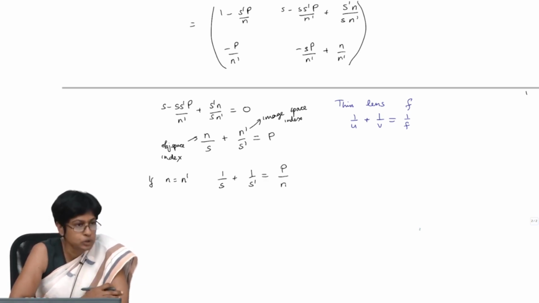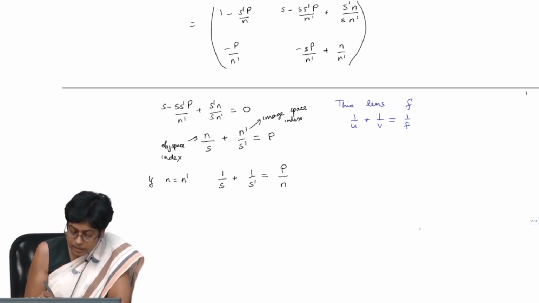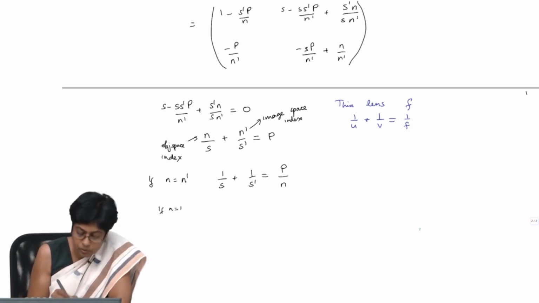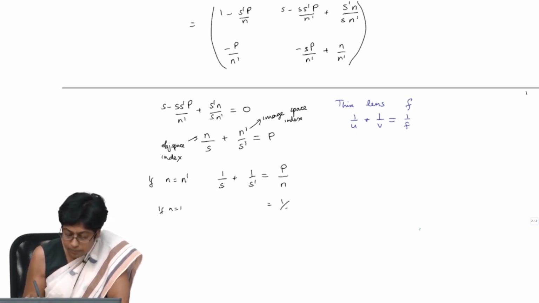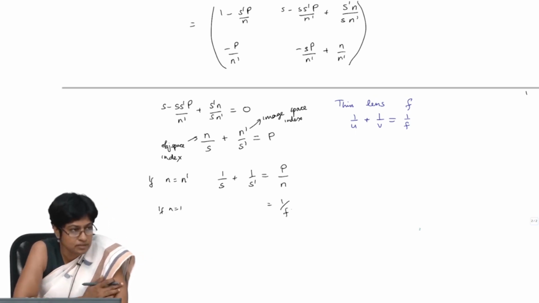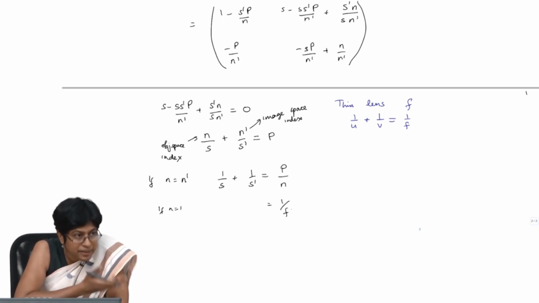Or if they were equal to 1, so let's say if n were equal to 1, then this would just be 1 by f. And you have exactly what we expected to get.